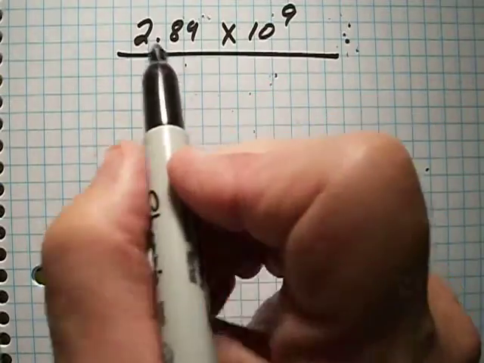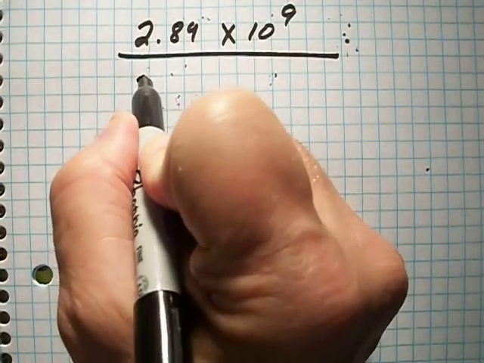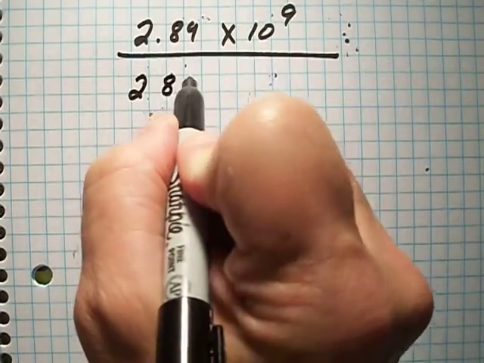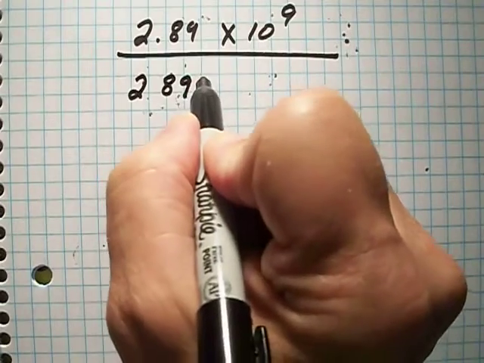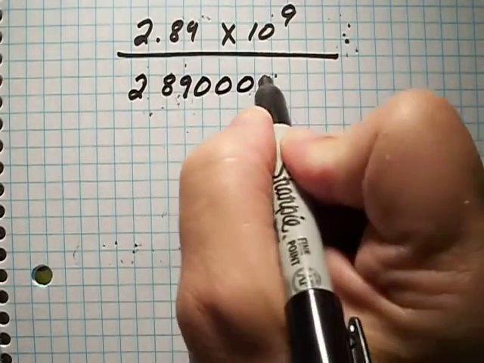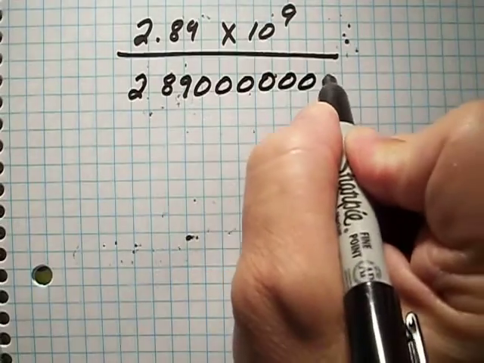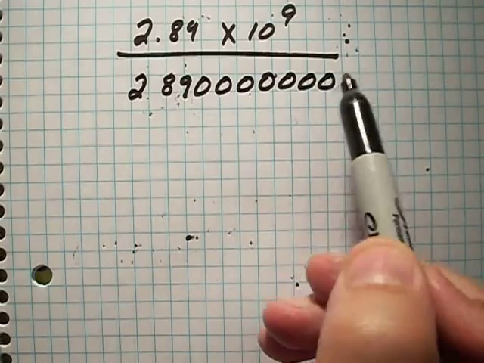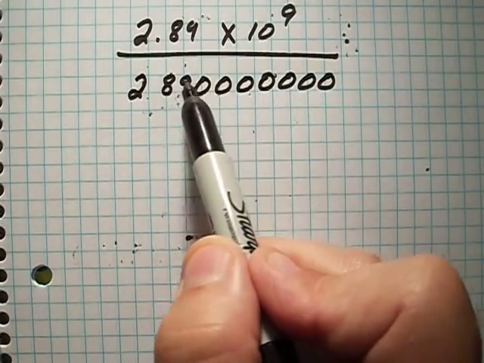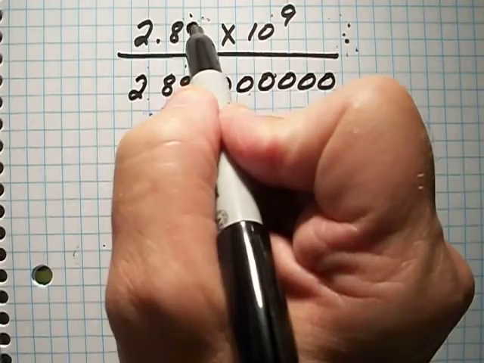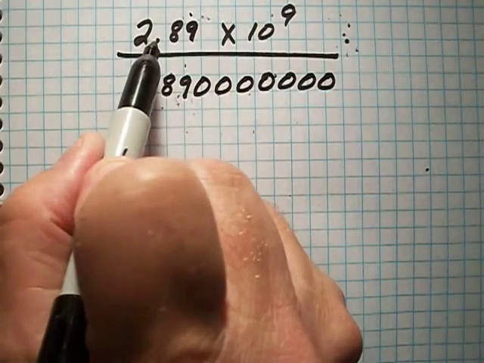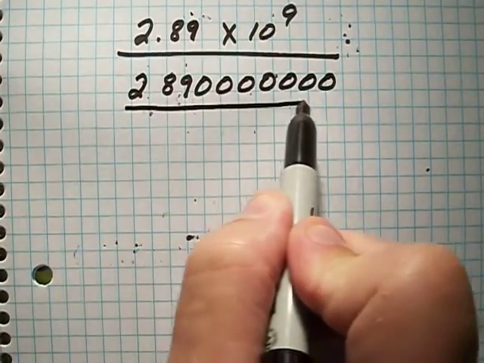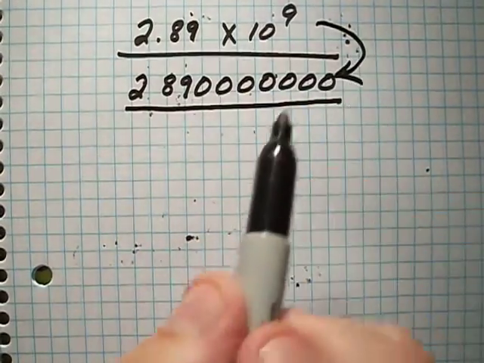So to convert it back to standard form, we start with 2.89, and then we count the number of digits 9 times, beginning where the decimal is: 1, 2, 3, 4, 5, 6, 7, 8, 9. And this is our standard form, back to our original number.